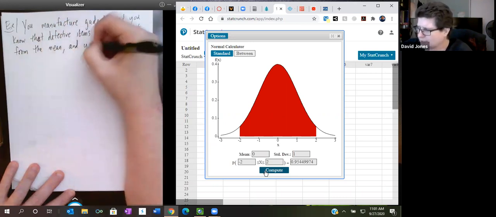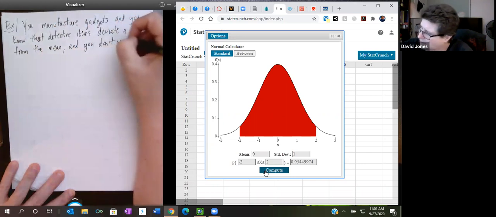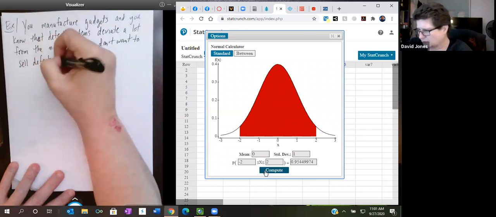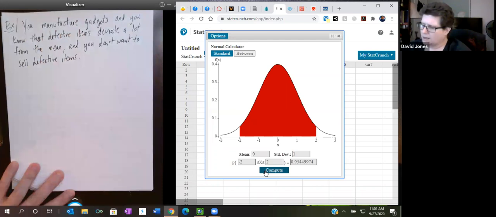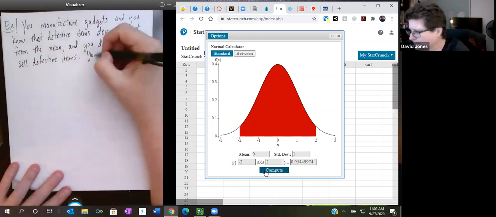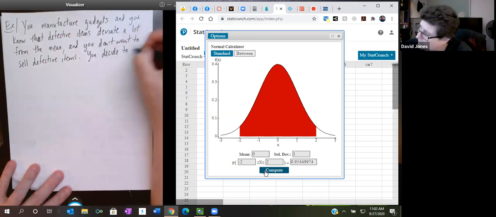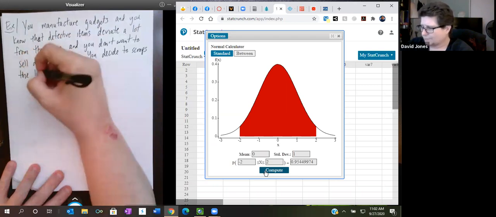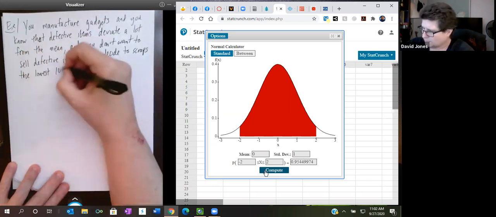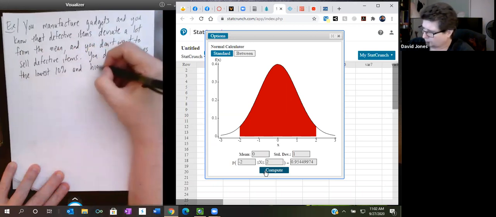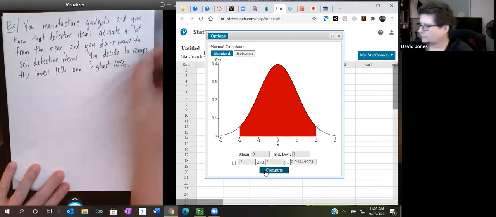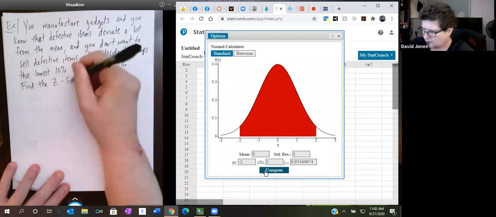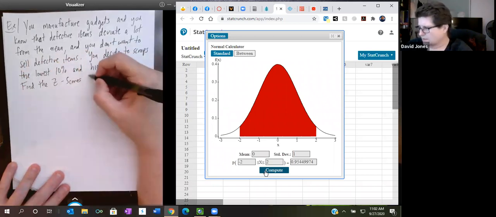And you don't want to sell defective items. So you decide to scrap the lowest 10% and the highest 10%. Find the z-scores that work. That will yield this.